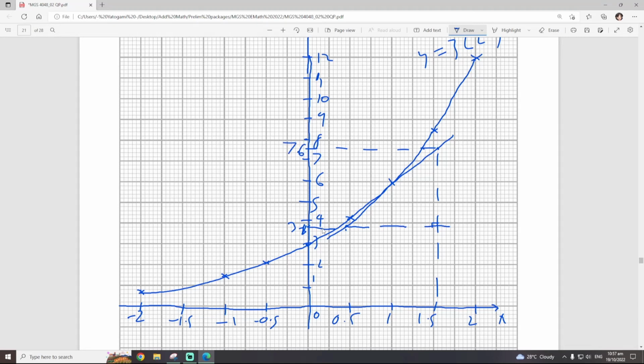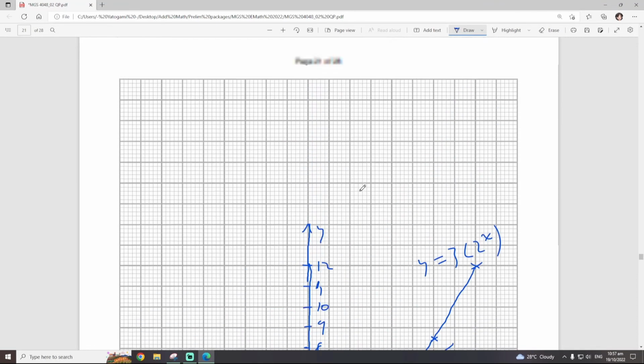And down here, so this is 0.45. Okay. And this is 1.6, 1.55 actually. Okay.